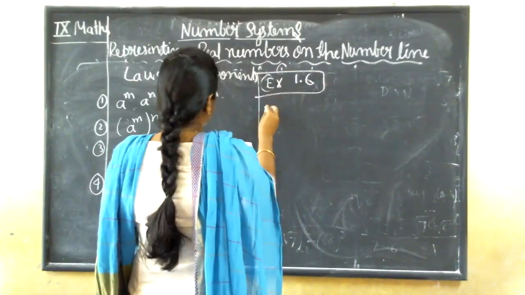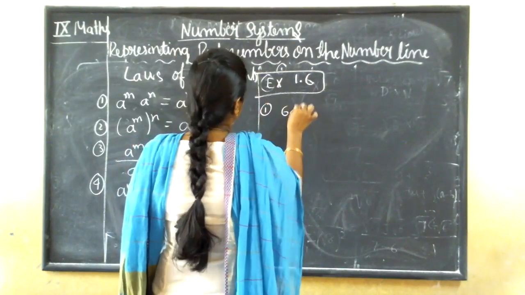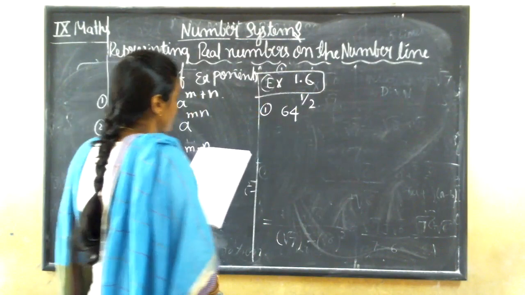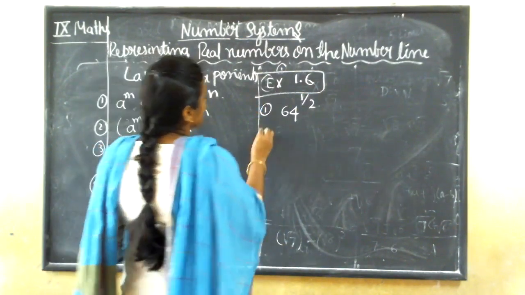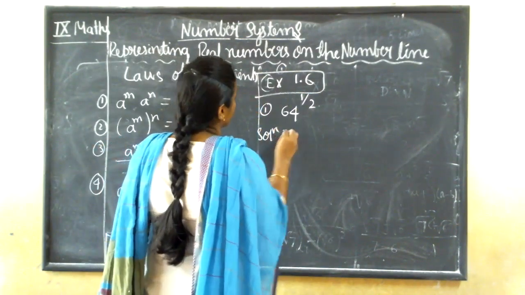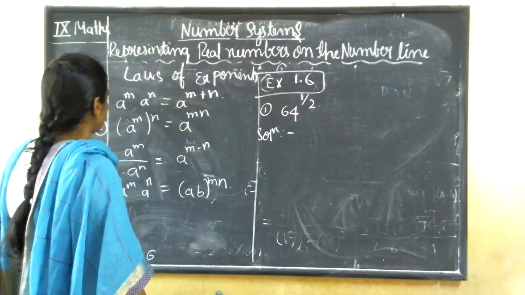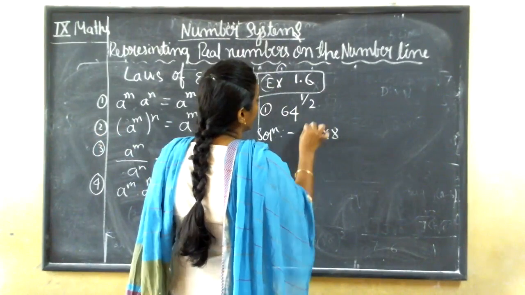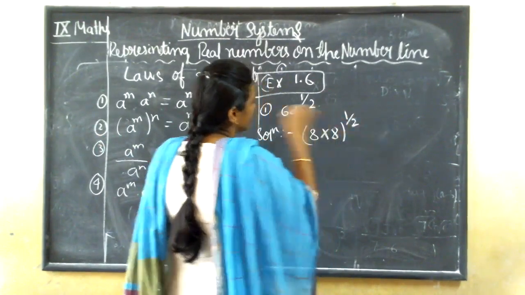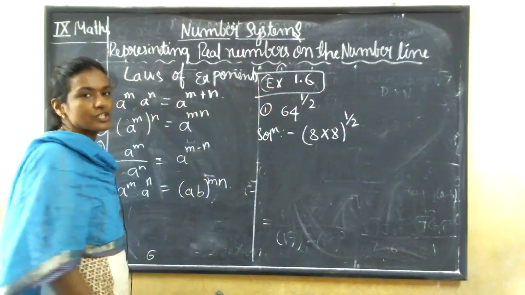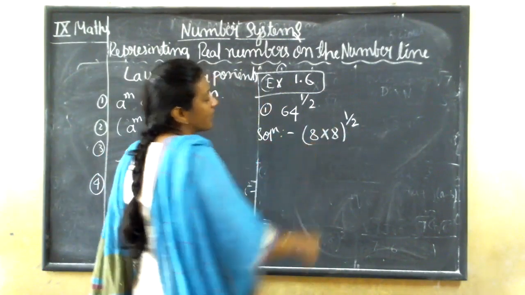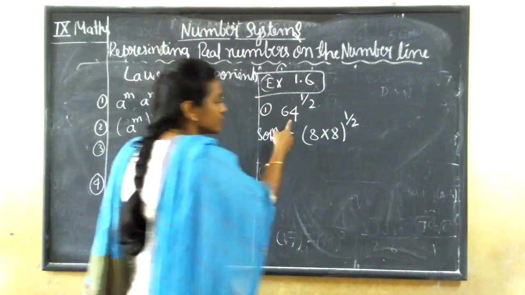Okay, first one, 64 raised to 1 by 2. So how can you write this? 64, can you write it like this, as 8 into 8, raised to 1 by 2, guys? There is nothing different, no? 64, you are just going to multiply 8 into 8, raised to 1 by 2. So you will get 64 only.